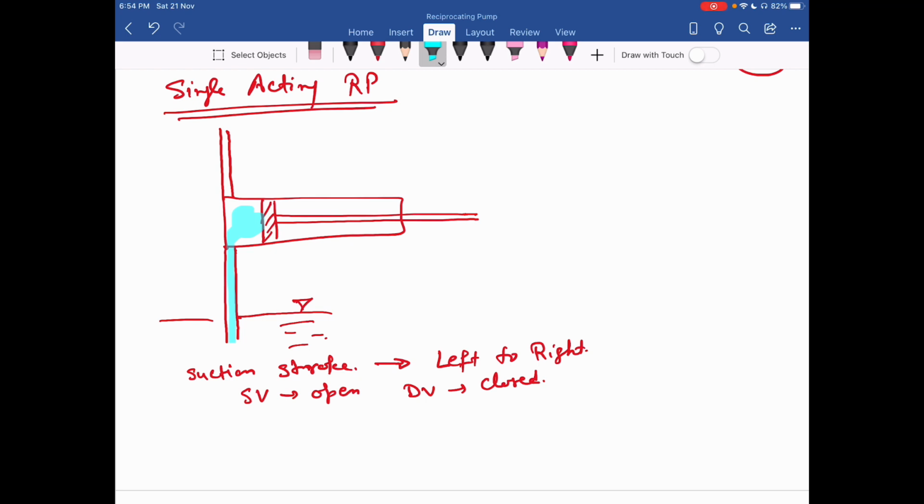That HS is this height from center to the sump level. So during suction stroke I have the pressure less than atmospheric pressure, by an amount HS meter of water.